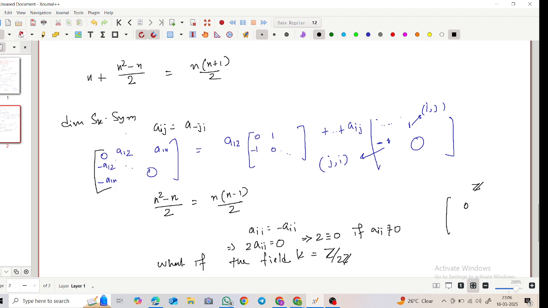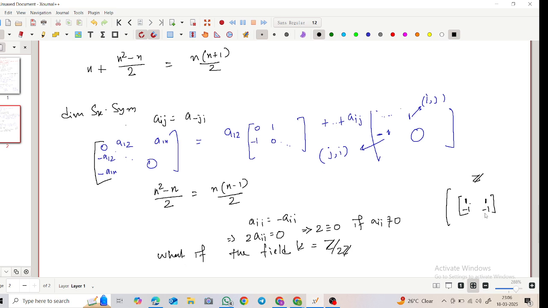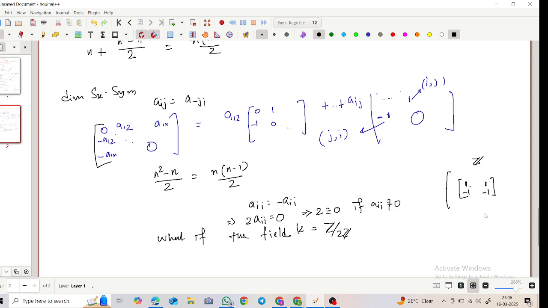So you see, what will you get? The skew symmetric matrix, you can put 1 here. So one matrix will be this, the off diagonal will be this, and the main diagonal will be 1 equals to minus 1, because 1 and minus 1 are equal. So this is the only skew symmetric matrix. You understand?